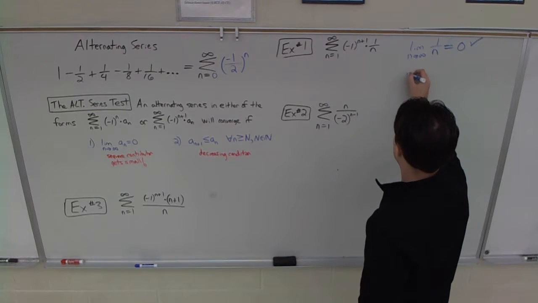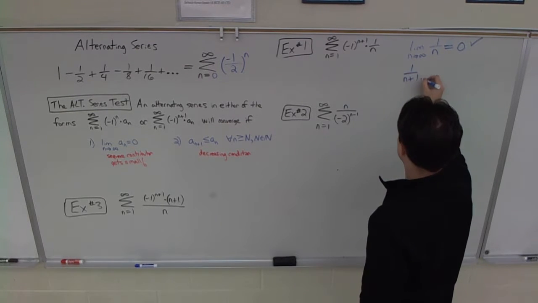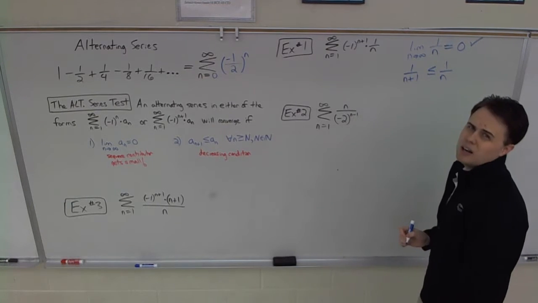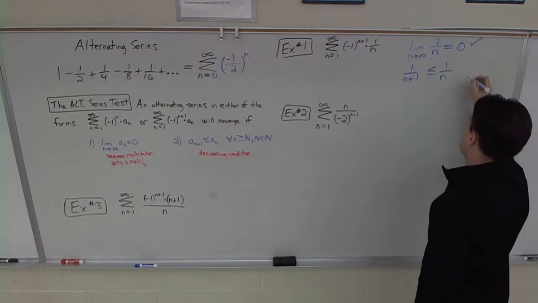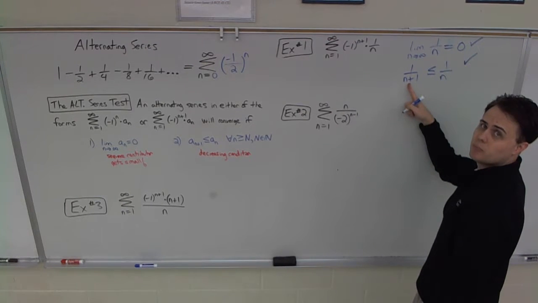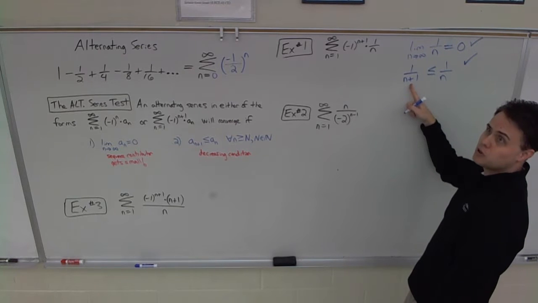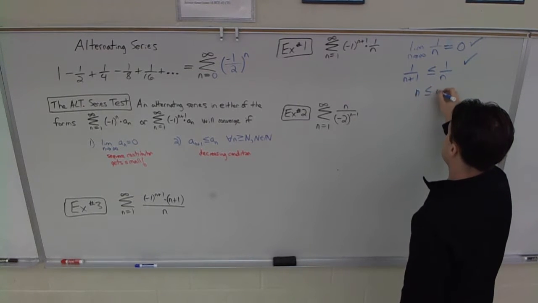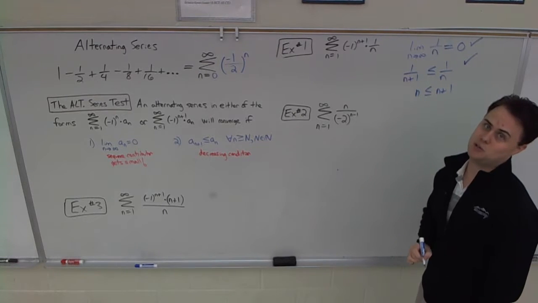Condition 2, if I go 1 over n plus 1, is that smaller than or equal to 1 over n? I don't even think I really need to do any more math on that one. That's also really true because the denominator over here is larger, so the fraction is smaller. If you really want to see it, you can cross multiply, and that's obviously true.